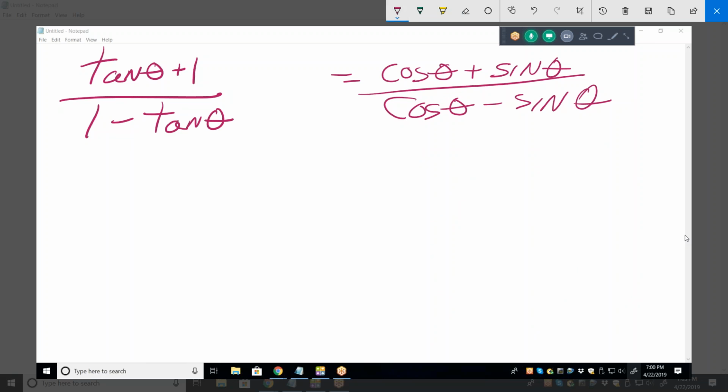Even though, well, actually they're both the same complicated. They both have two terms in the denominator and two terms in the numerator. So you could actually make an argument that the left side is as complicated as the right side. So turn everything into sines and cosines.